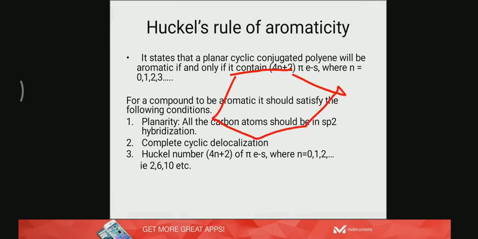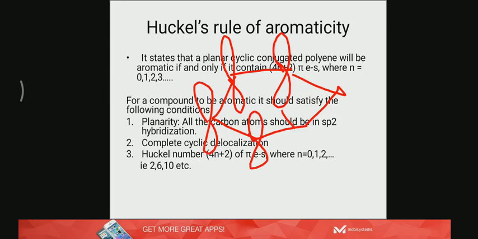In benzene, the pi bonds are formed by the lateral overlapping of p orbitals, and the p orbitals are placed perpendicular to the plane of the ring. So we can show them like this. These are the p orbitals perpendicular to the plane of the ring or the sigma skeleton.